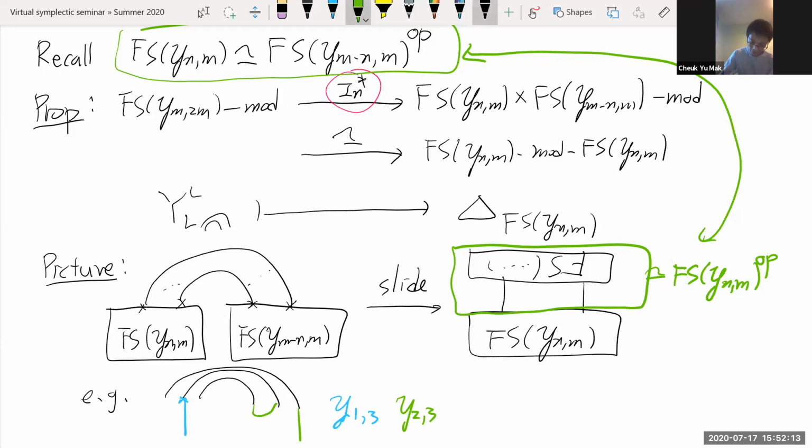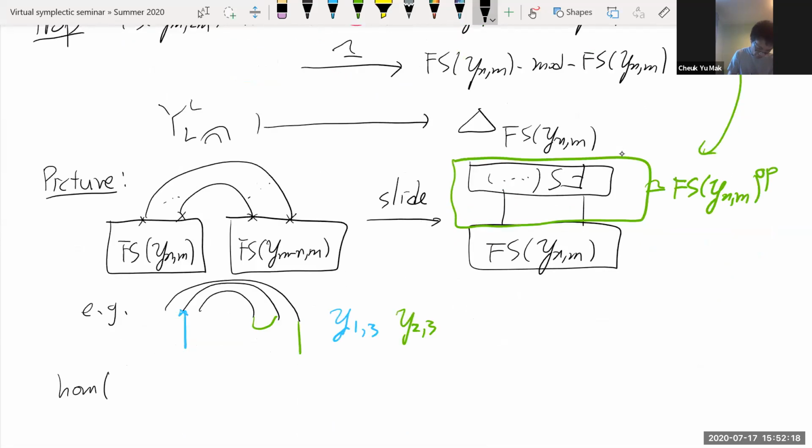And then you take the hom, L rainbow, L union.